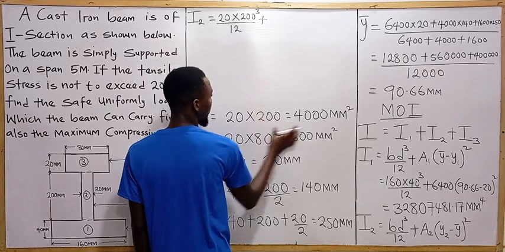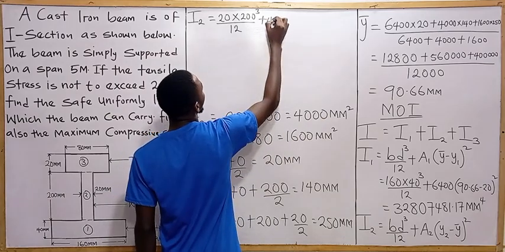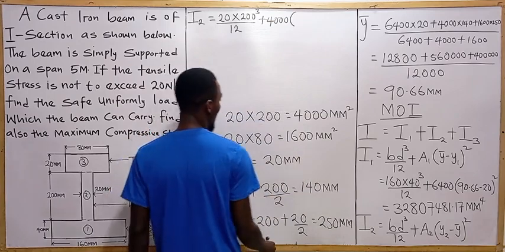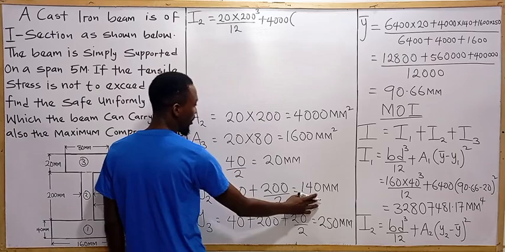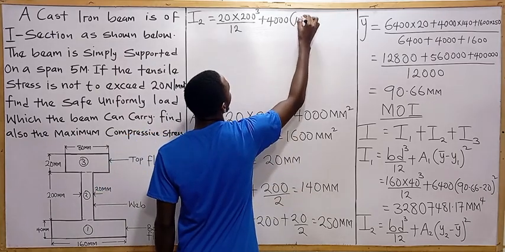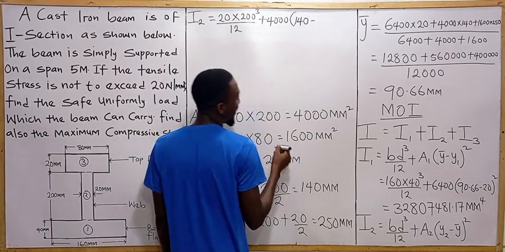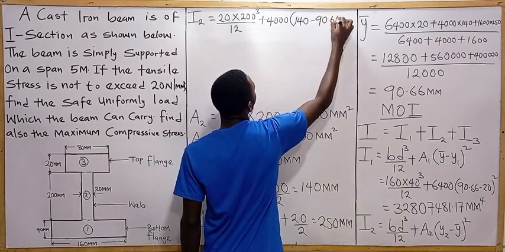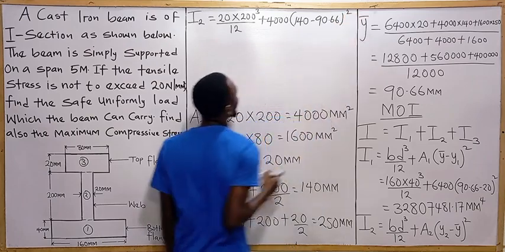Our A2 is nothing but 4,000, then into Y2. Our Y2 is 140 minus our Y bar. Our Y bar is 90.66, all squared. All right.